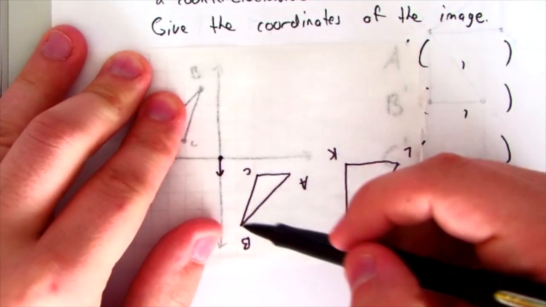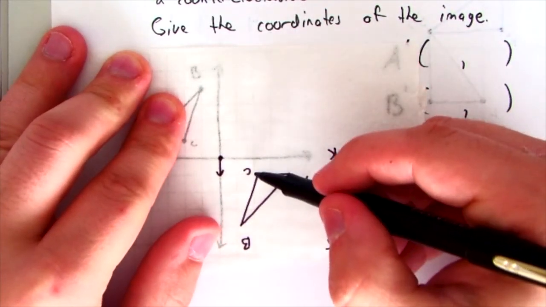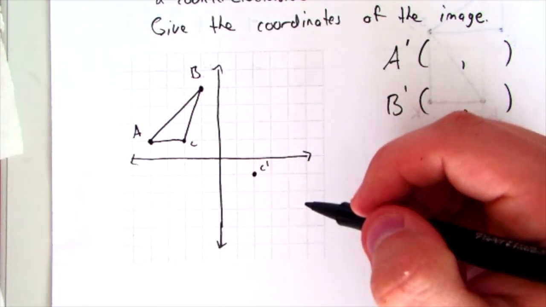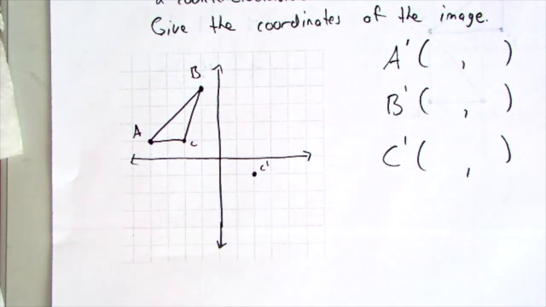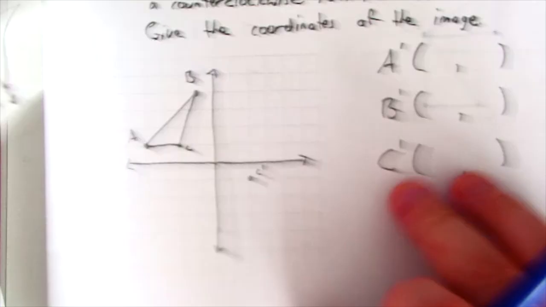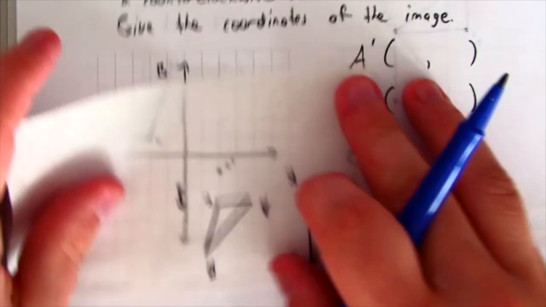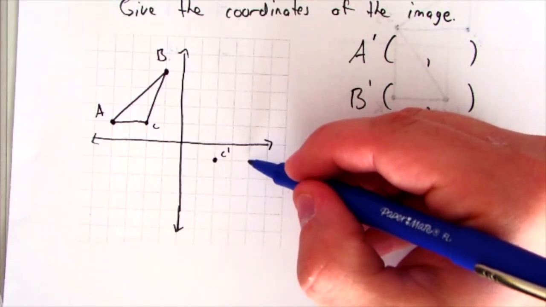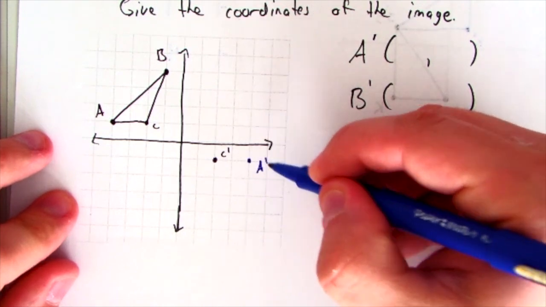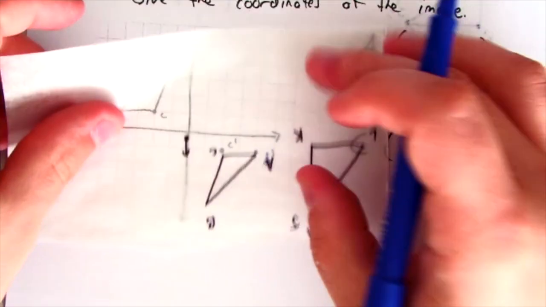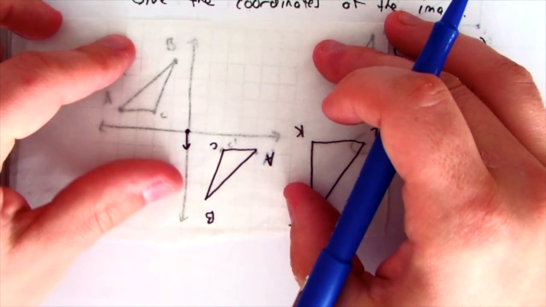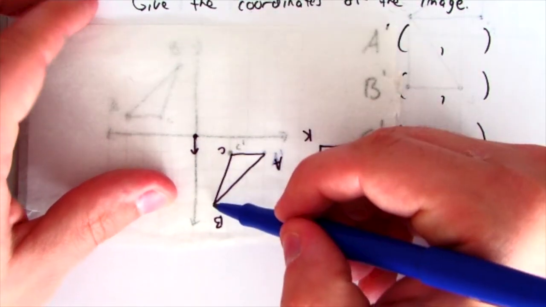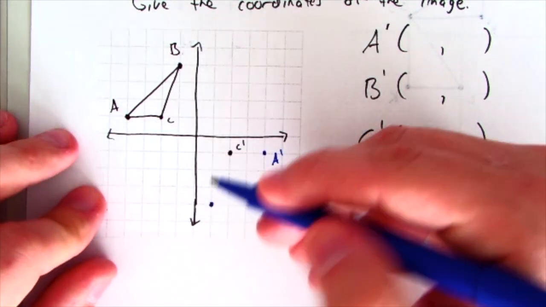So now C was here, so now this is C prime. Let's get a different color. A is here, so I'm going to use A prime. And then B prime, if we line everything up again just the way it should be, B prime should be here.